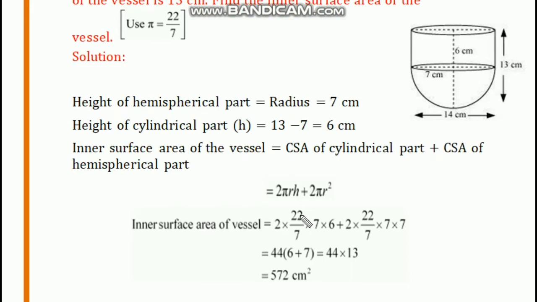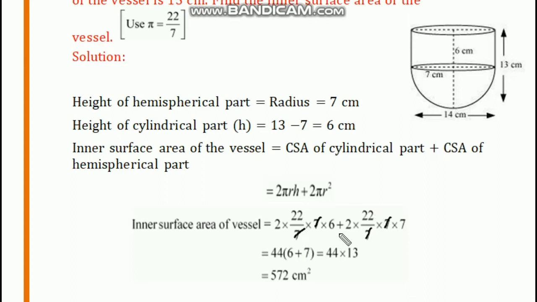So the answer is 2 into 22 by 7 into 7 into 6 plus 2 into 22 by 7 into 7 into 7. This is r square, or else here itself you can take 2 pi r outside, then the remaining will be h plus r. You can do it like that also, or else you can substitute the values directly and then simplify. Here 7 and 7 will be cancelled, and here also 7 and 7 will be cancelled. 2 into 22 is 44.